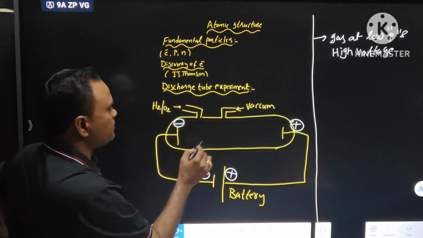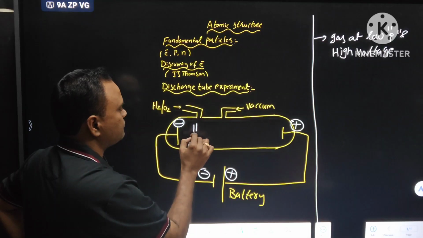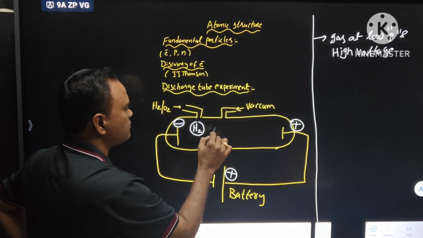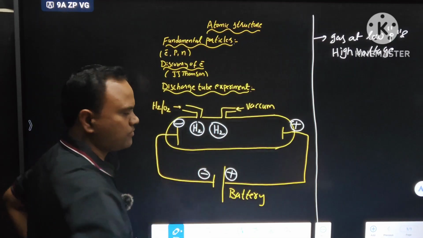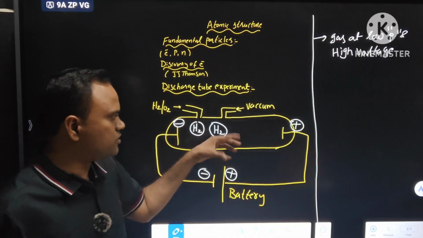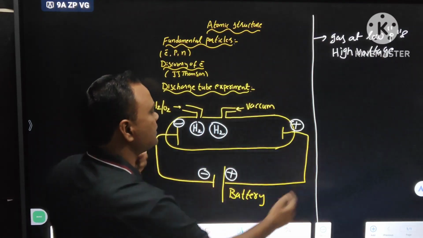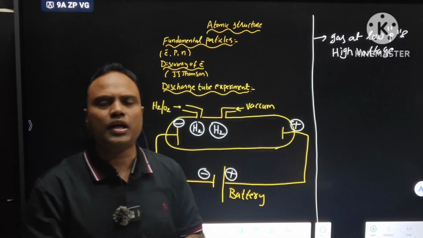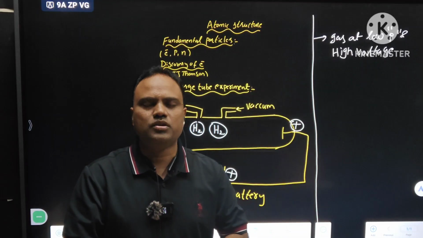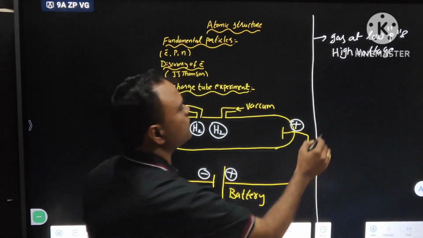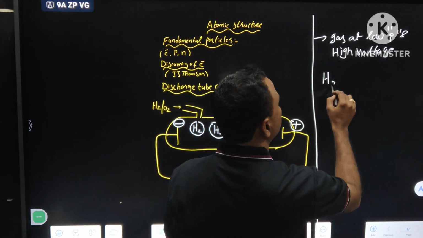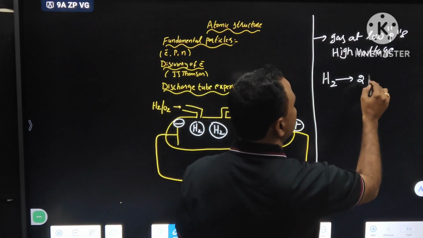Let us pass H2 gas. H2 molecules first enter the discharge tube, and we are supplying high voltage current. High voltage means energy. Due to that high energy, the molecules undergo dissociation into atoms.